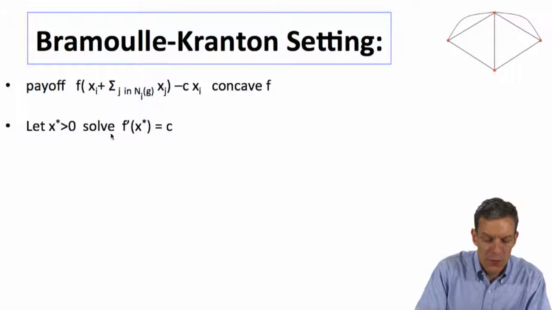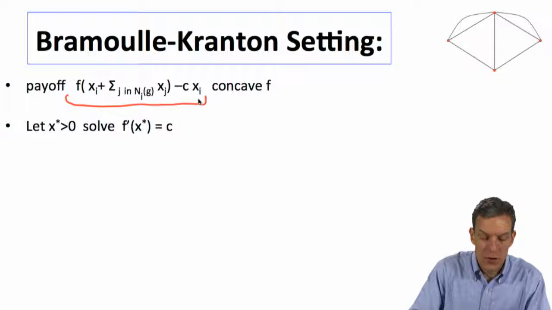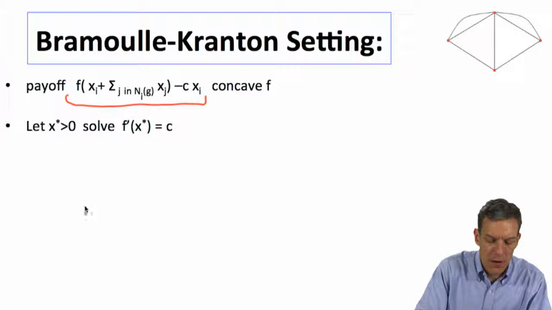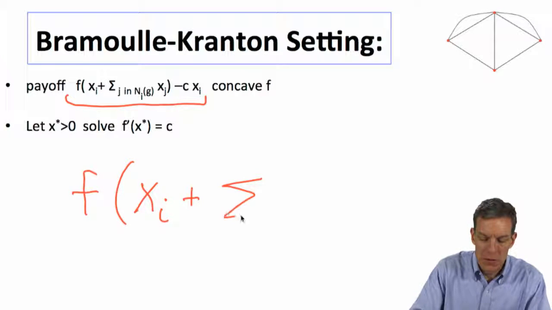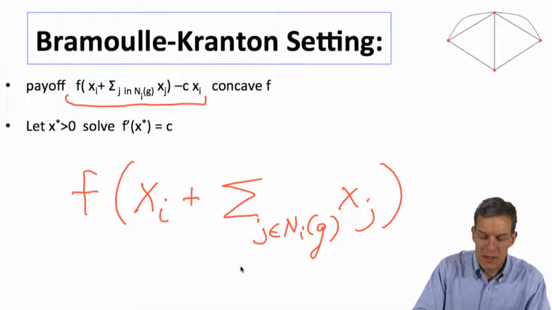So the payoff for any given individual is going to look as follows. So what are you getting? You're getting some function of your own action, xi, plus the action of your neighbors. So you've got sum of j in your neighborhood and what those j people are doing. Okay, so that's the benefit you get.